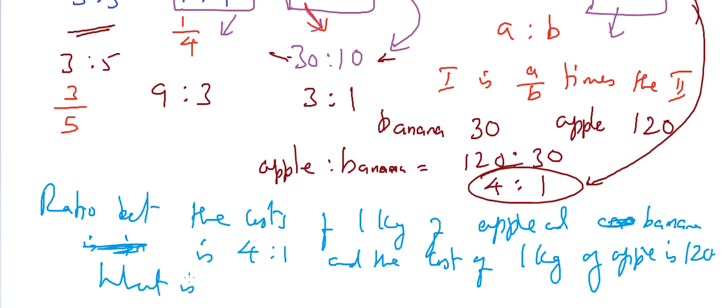So what is the cost of 1 kg of banana? So this is a question. That means the ratio between costs is given and the actual cost of one of the quantities is given. So we need to find the cost of the other one.